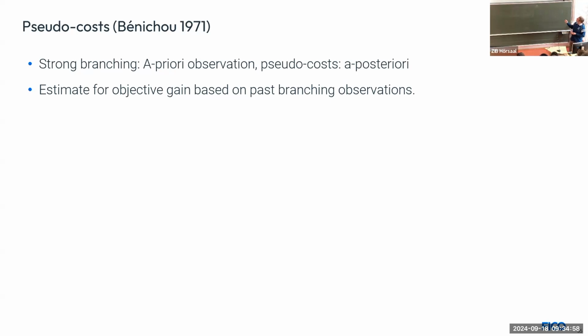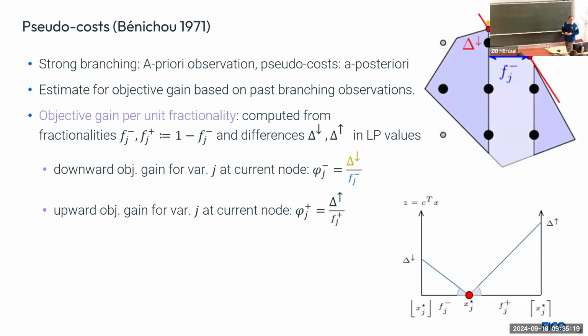Pseudo-costs are something that are computed after you did the branching, and you will then remember that information and use it for future decisions. An estimate of the objective gains based on past branching observations. You just observe what happened the last, whatever, 10, 20, 100 times you branched on a certain variable and try to predict the future from that.